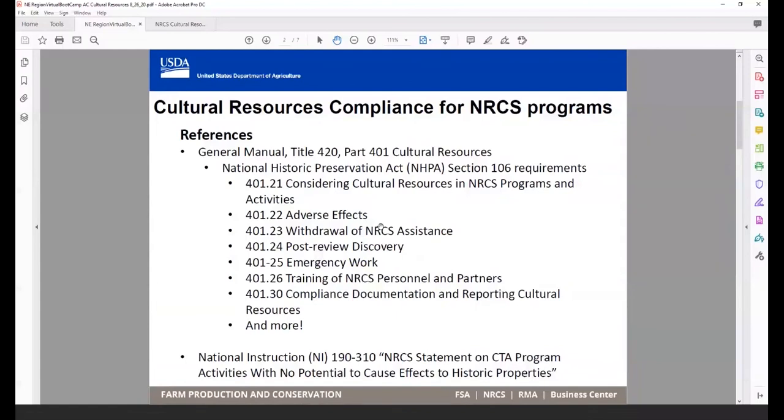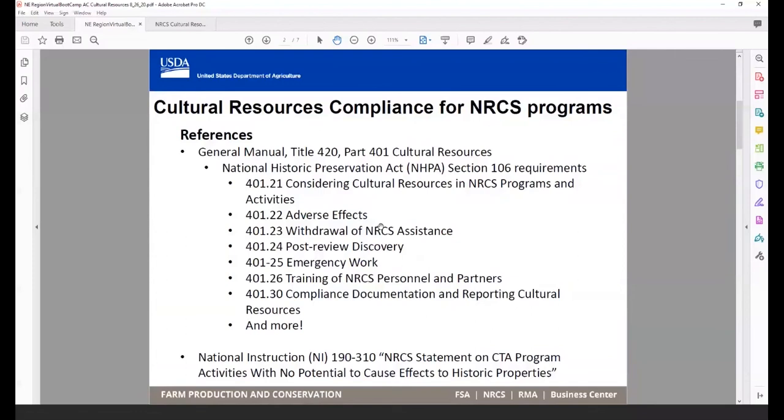Then it goes into post-review discovery. So if you have gone through all the review processes and nothing has come up that needs to be considered, you still need to be on the lookout and be ready to contact anyone as needed if you discover anything that could be considered cultural resources.